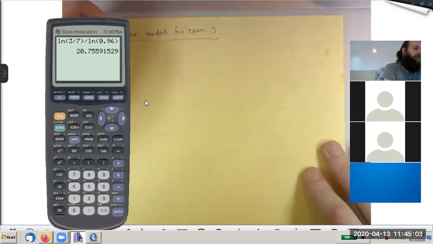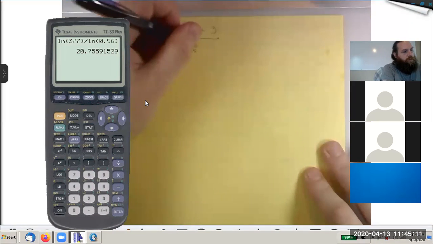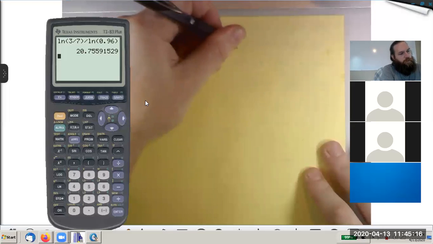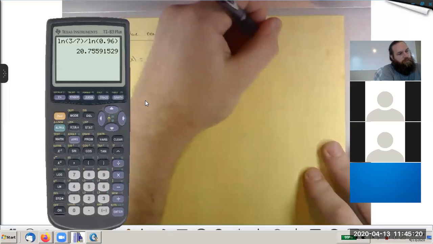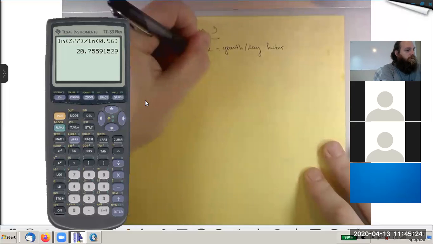You'll need to know the definition of an exponential function. And you should know here that A is called the base and is also called the growth or decay factor. And that C is called the initial value.